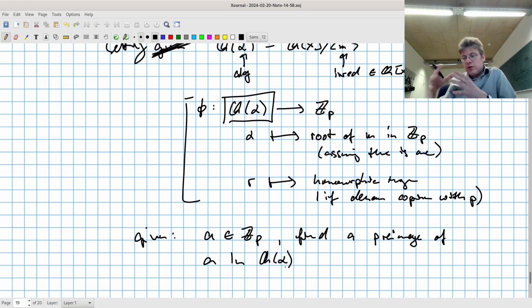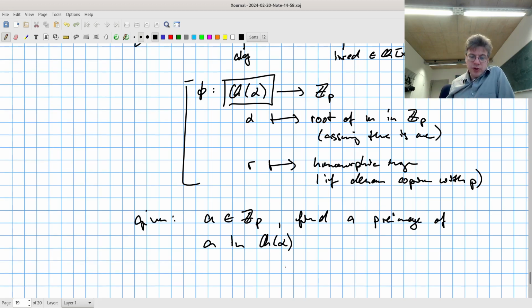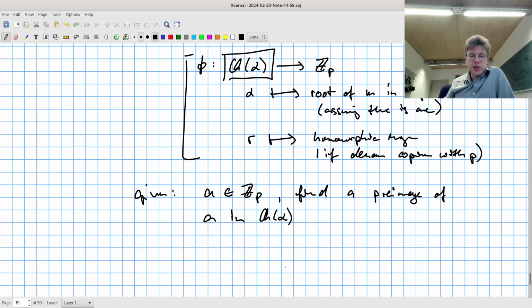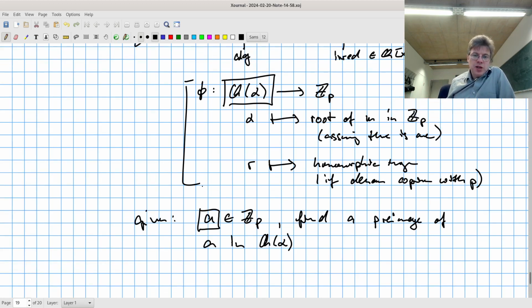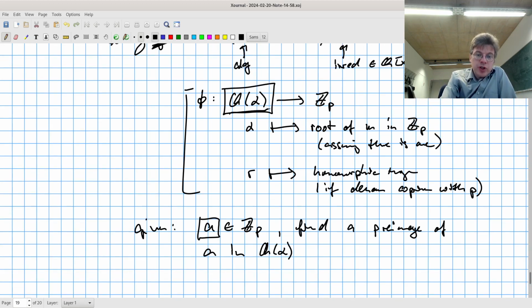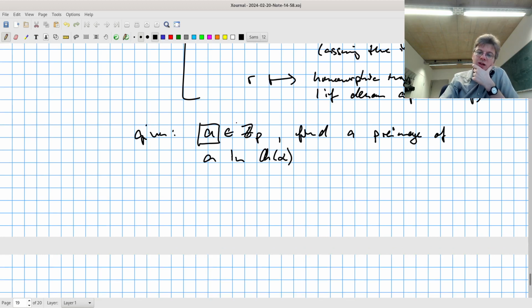And again, this is slightly informal because it's easy to find a pre-image, because if you just take A and view it as an integer, then its image mod P would be A, and A as an integer would certainly be contained in here. But I'm thinking of A as a number with lots of digits, and the question is, can I find here an element that has fewer digits, smaller coefficients? So what do these elements look like?